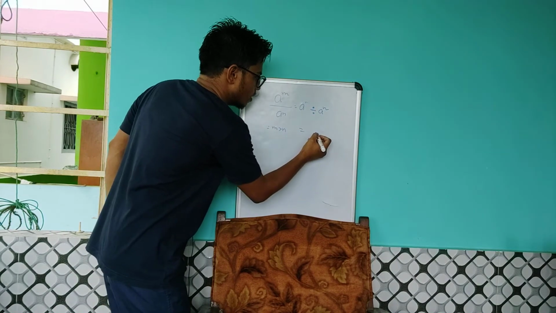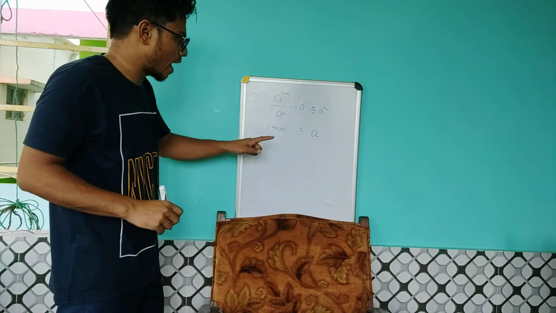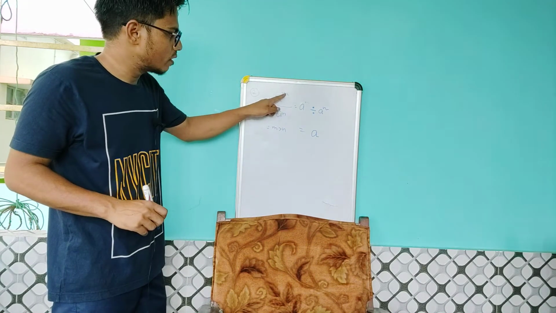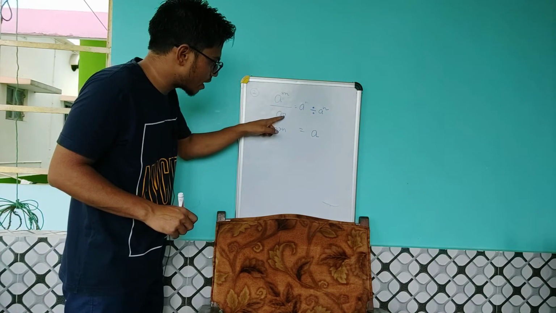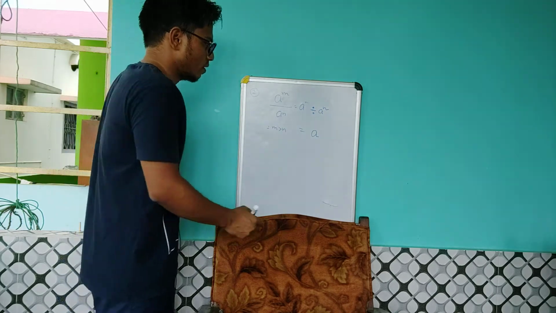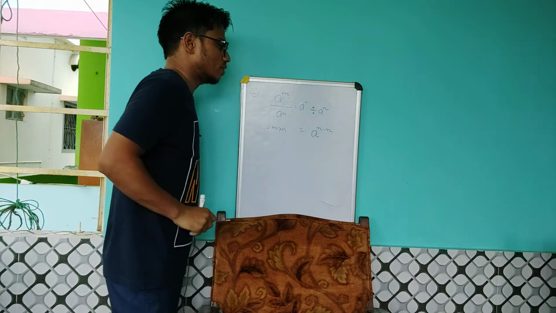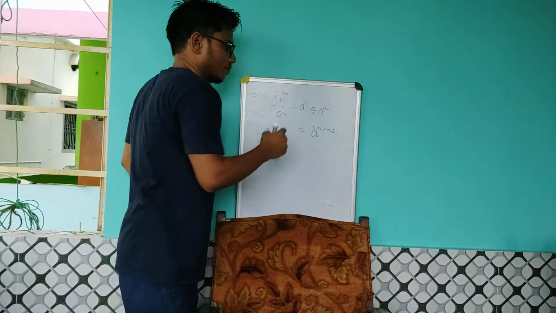You will keep the base the same, and from the exponent of the numerator, we will subtract the exponent of the denominator. That means exponent of the numerator m minus exponent of the denominator n. That will be a to the power m minus n.